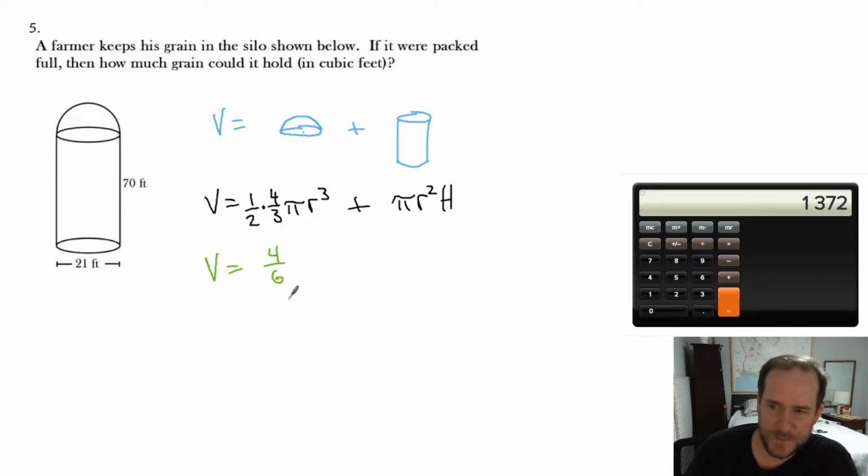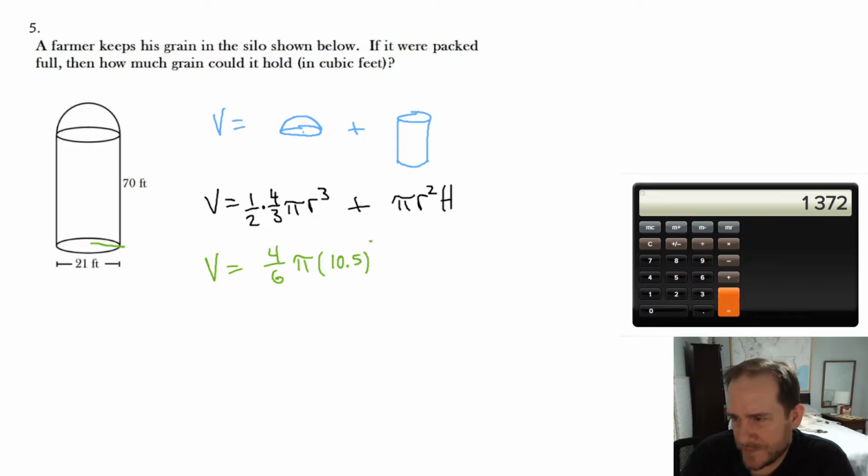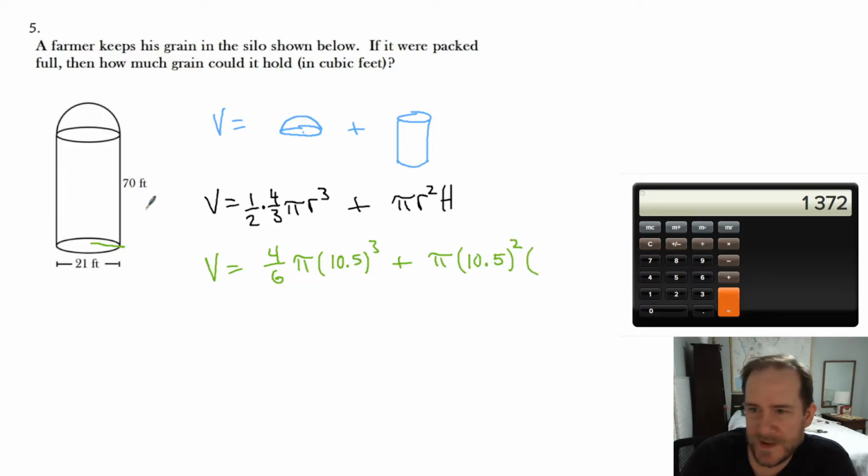We can just make that a 4/6. Then we can go pi times the radius. Well, the radius is half of this 21. Let's just go ahead and say 10.5. I don't really feel like messing around with fractions. So 10.5 is fine. You'll cube that. You'll go pi. Your radius is going to be 10.5 again. You'll square that. And then the height of the cylinder is this tall dimension here, which is 70.